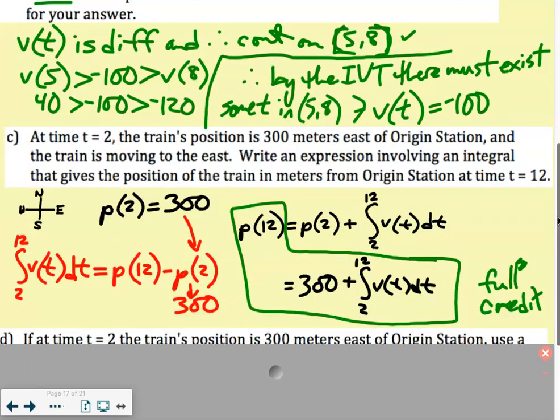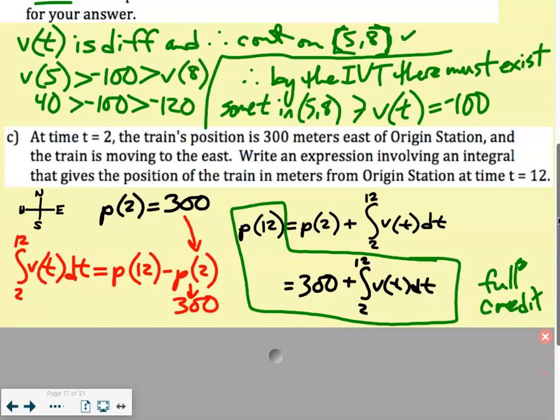So anyway, there's a lot of machine-mashy stuff on here. But I accepted any equation that's equivalent to correct as correct. But I do want the 300 substituted in for p of 2. If they give you a numeric value, please put it in. Otherwise, it's not really an equation that you could solve for.